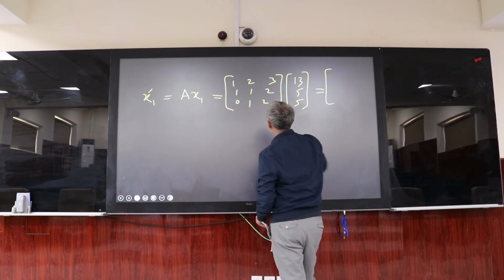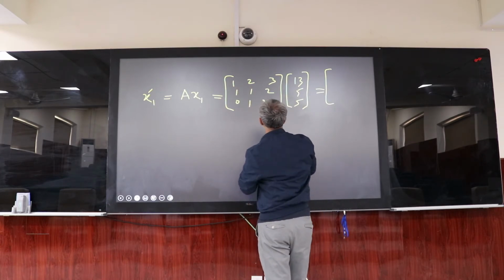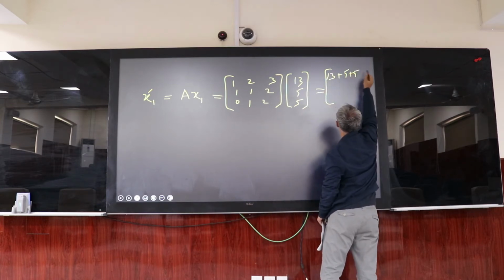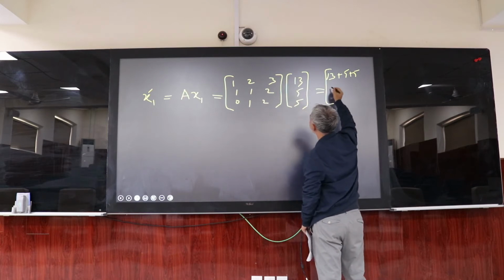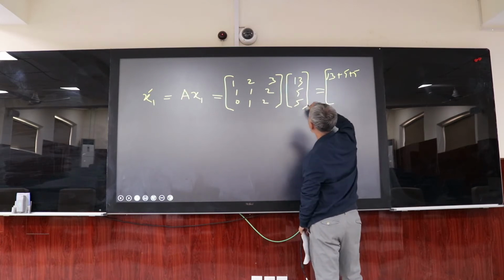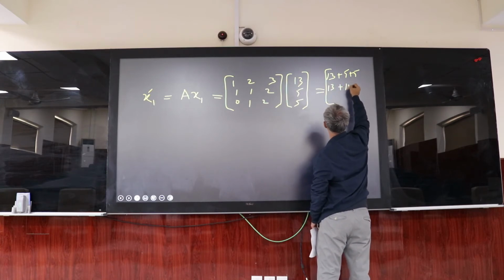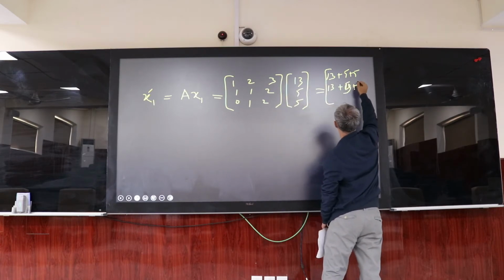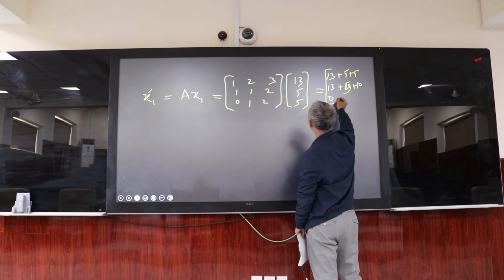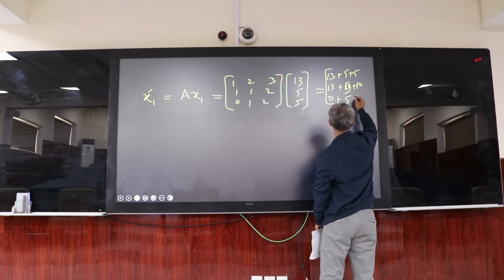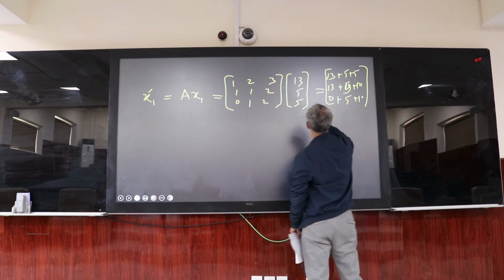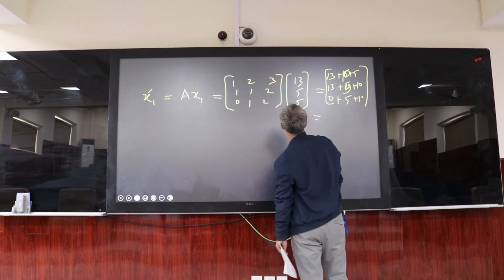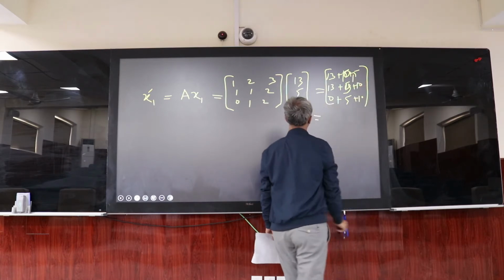Here you can say 13 plus 5 plus 5, similarly here 13 plus 10, and here 0 plus 5 plus 10. So the first is 10, last is 15. Is it clear now?